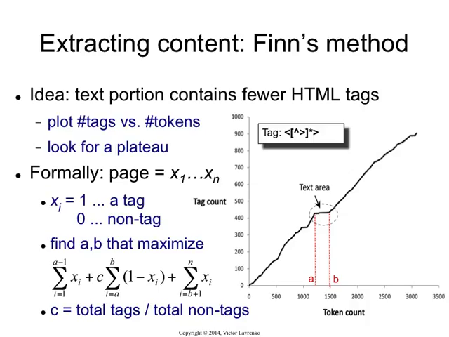And to see why, what you really want to do is look at the absolute value of the numbers on the x and the y-axis. So let's say here, when I have about 2,500 tokens, I have a little bit under 800 tags. So what does that tell me?